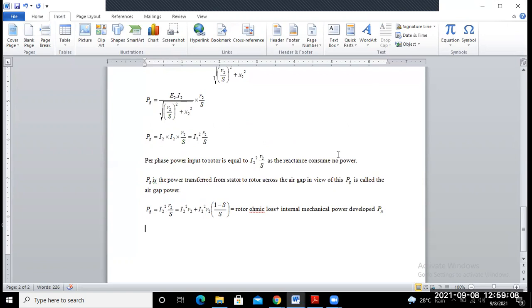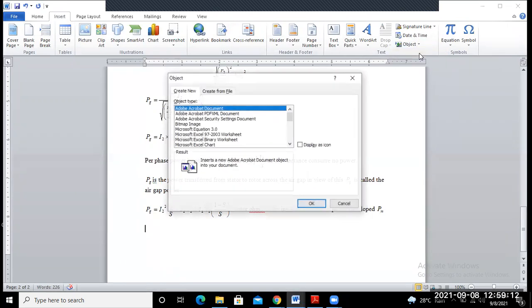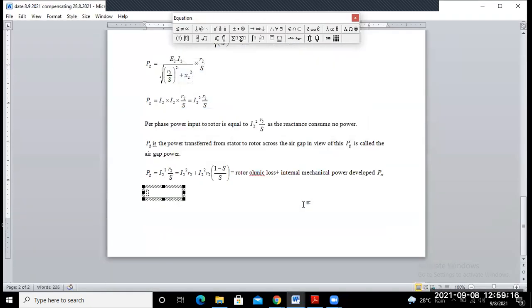So PG can be simplified as PG equal to SPG plus 1 minus S into PG.